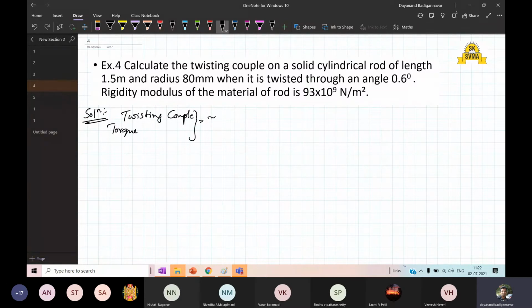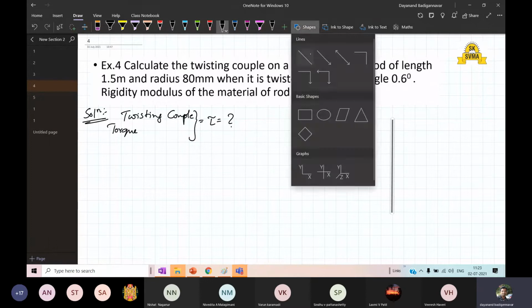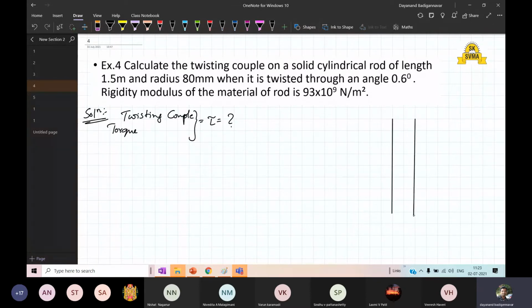This is a cylindrical rod of length 1.5 meter, with one end fixed and the other end free, just like what we did last time. Calculate the twisting couple on a solid cylindrical rod of length 1.5 meter and radius 80 mm.